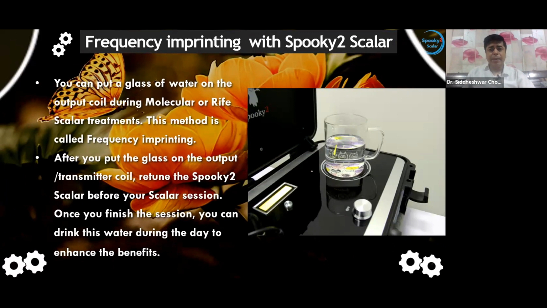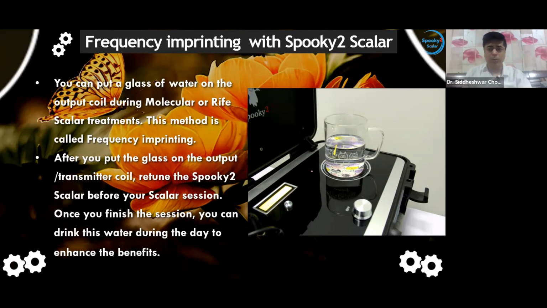Okay. Again, we talked about the frequency imprinting in the beginning. So what is frequency imprinting? I can imprint any water, any material. People also put quartz crystals, healers, they use their crystals, and you can keep your crystal or water on the output coil.